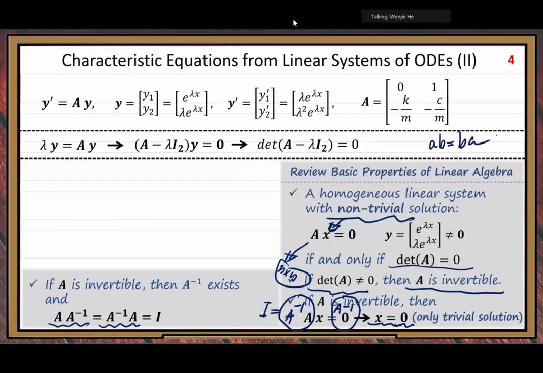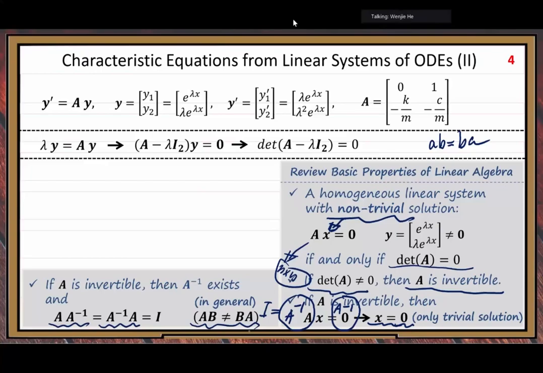But in matrix multiplication, we don't have that commutative property. For addition, we have it: A plus B equals B plus A. But in general, in matrix multiplication, A times B is different from B times A. So the matrix product is not commutative.